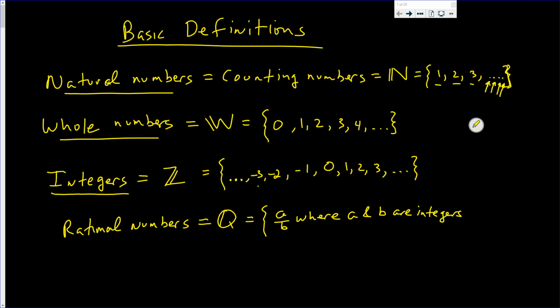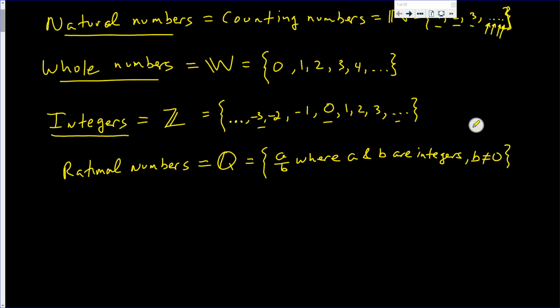That is, the numerator and denominator come from that set Z. But the denominator can't be 0. You can't divide by 0. Even if you tried, you can't.